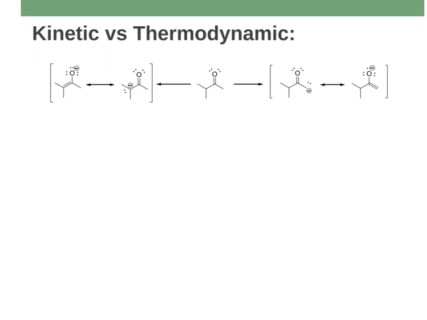So if I want to summarize this here, right? So we said that this was the kinetic product. This is the kinetic enolate. And the one on the right or the left-hand side was the thermodynamic enolate. Again, it was thermodynamic because it's more stable because that alkene is more substituted.